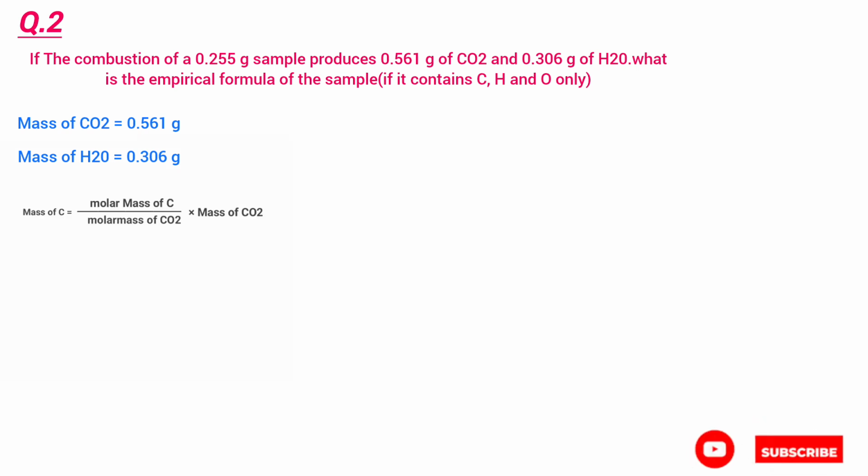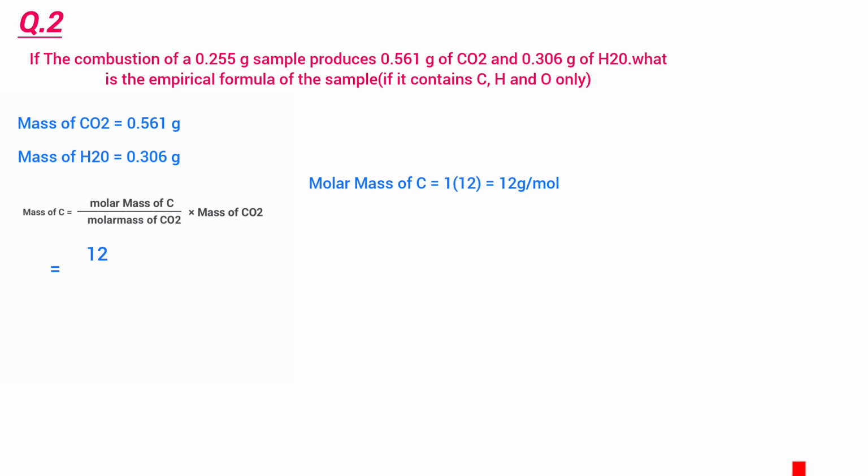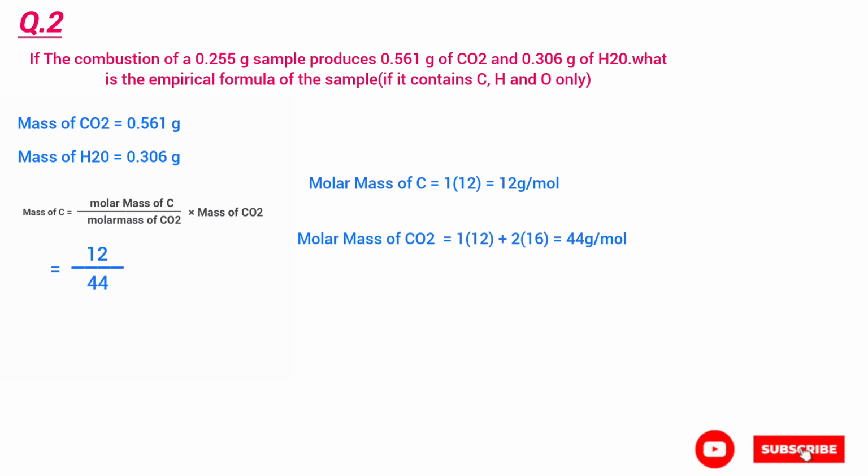So we have that mass of carbon is equal to molar mass of carbon over molar mass of CO2 times mass of CO2. So the molar mass of carbon is 12, the molar mass of CO2 is 44, and in this question, we are given the mass of CO2 as 0.561. Solving this, we have 0.153. So the mass of carbon is 0.153.